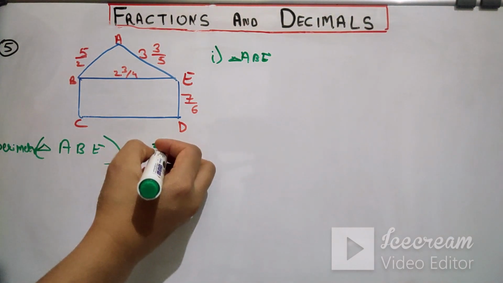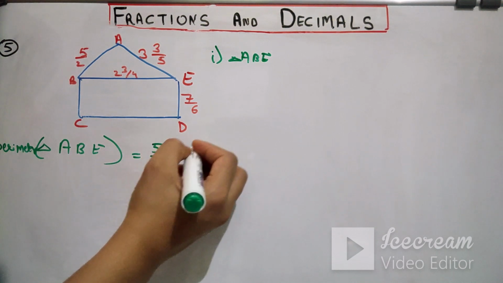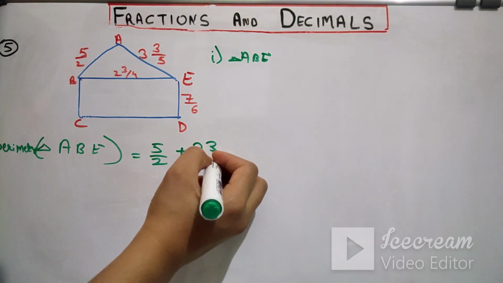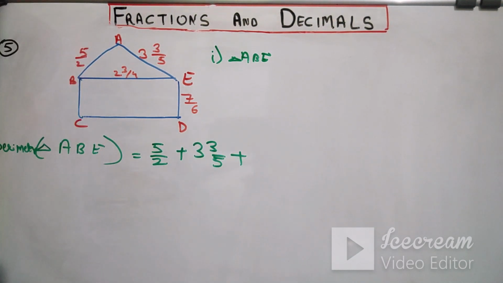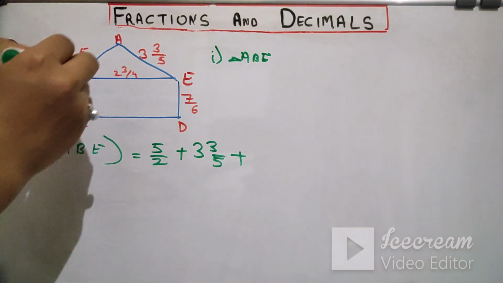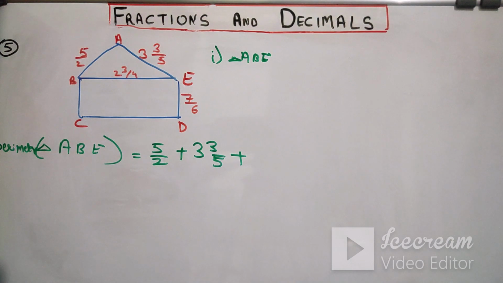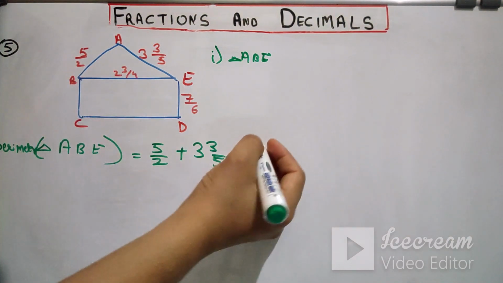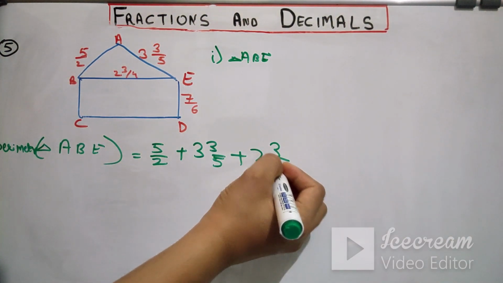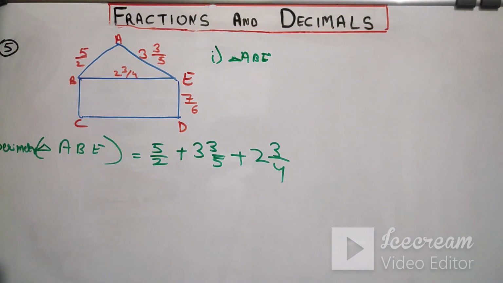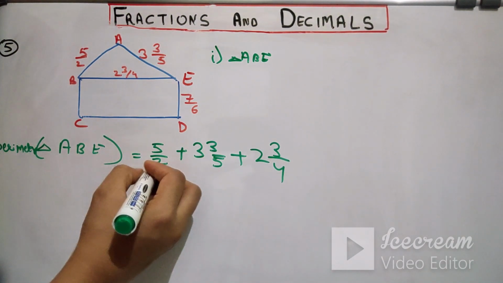So we have to take all three sides, that means AB, that is 5 by 2, BE, and AE. We will add all the three sides. So let's solve this one.